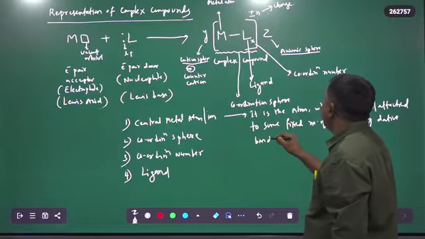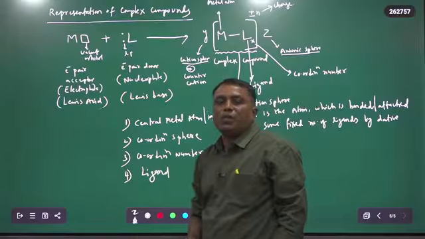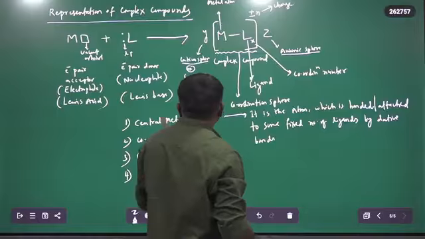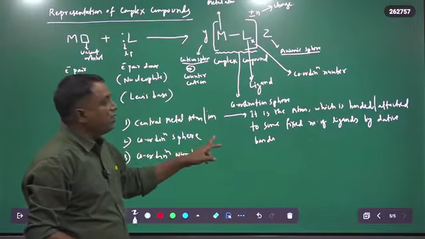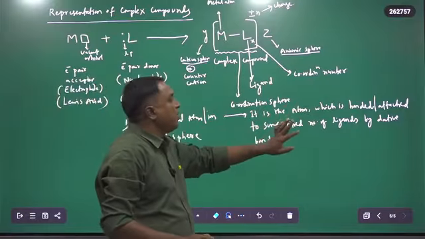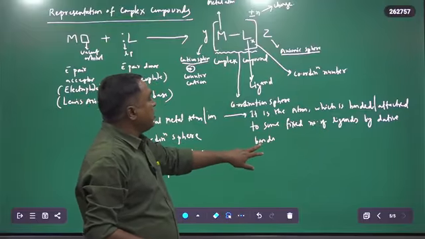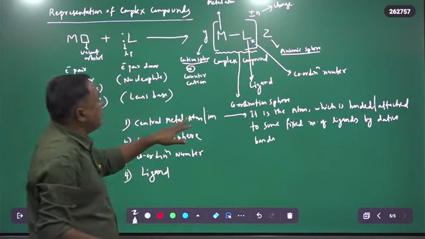So the atom which is bonded to some fixed number of ligands through dative bonds is nothing but what? The central metal atom or ion.